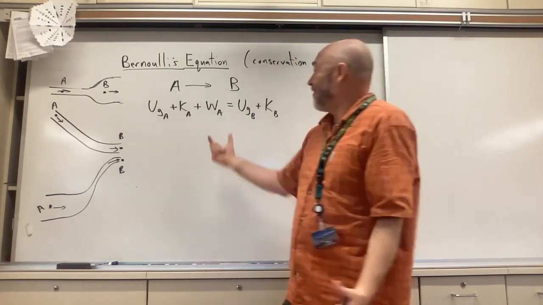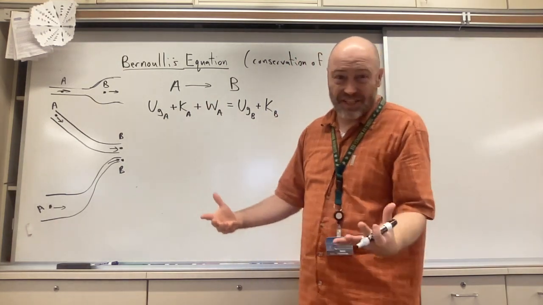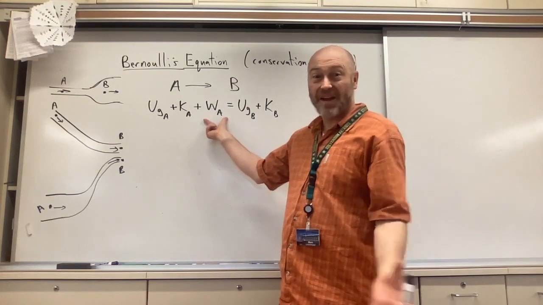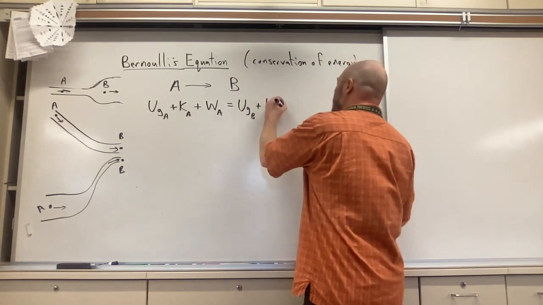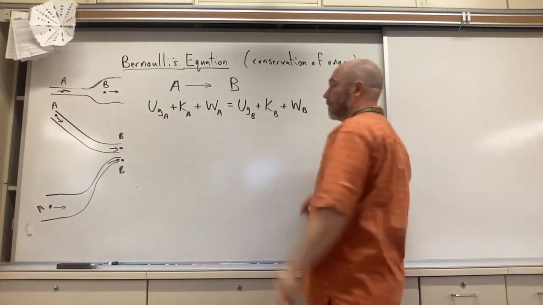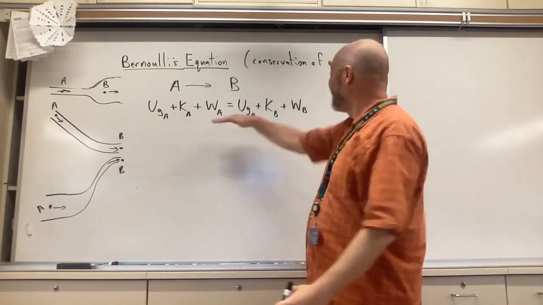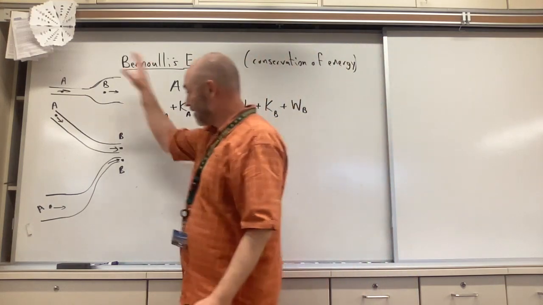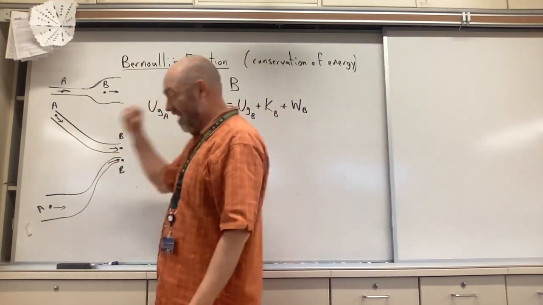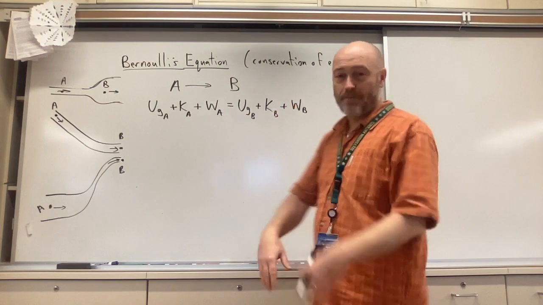Because I don't know if it's going to add energy or subtract energy at this point, we're just going to say, I'm going to have some work over here, and I could also have some work over there. Okay? So here's my basic equation, and again, this is just conservation of energy. So I'm saying, I draw my picture, and I say, hey, what do I have? Well, I have potential, I have kinetic, I have work, okay?